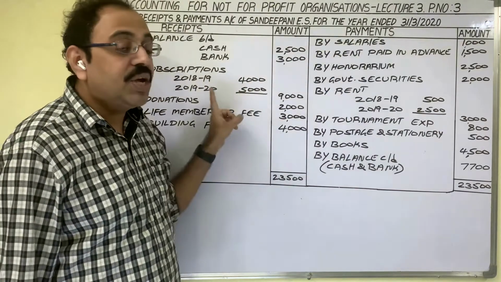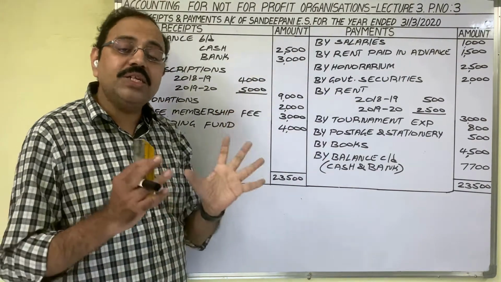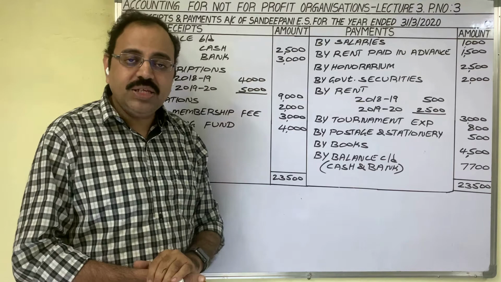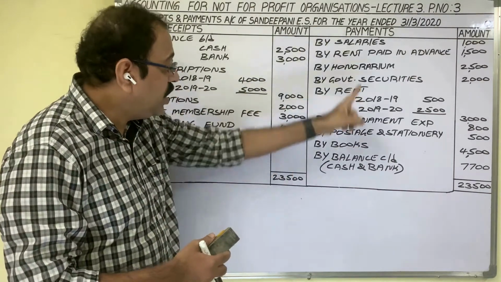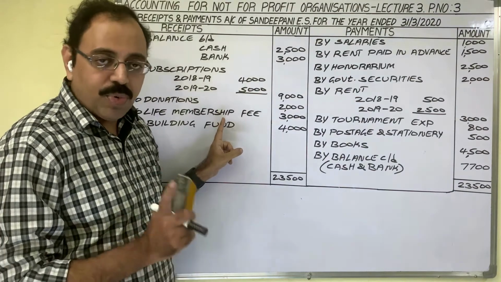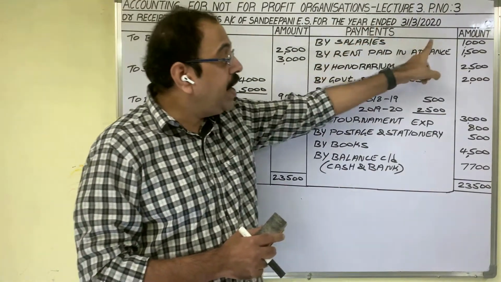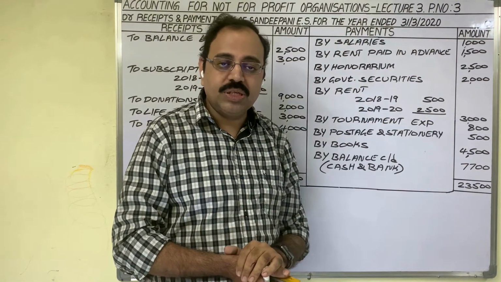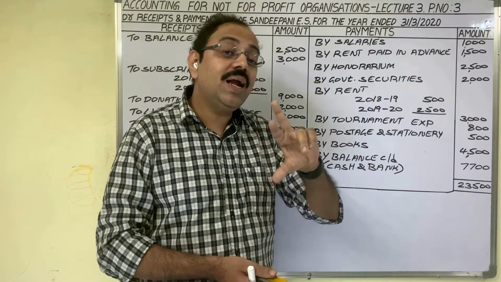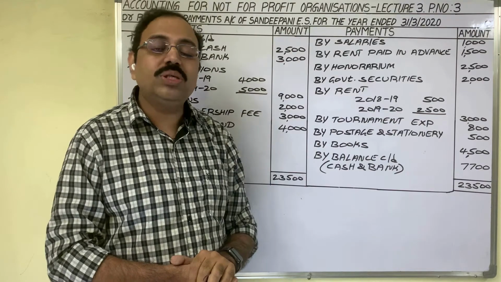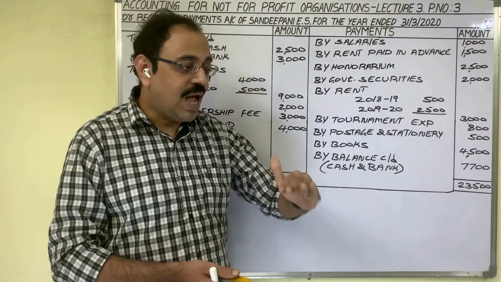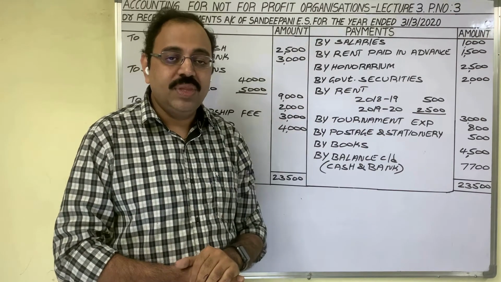Receipts and payments account we prepare under cash basis. Means only cash receipts and cash payments we are showing in this account. Suppose salaries paid we wrote 1000 rupees, but outstanding salary we are not showing in this account. Outstanding salary means what? Salary to be paid.